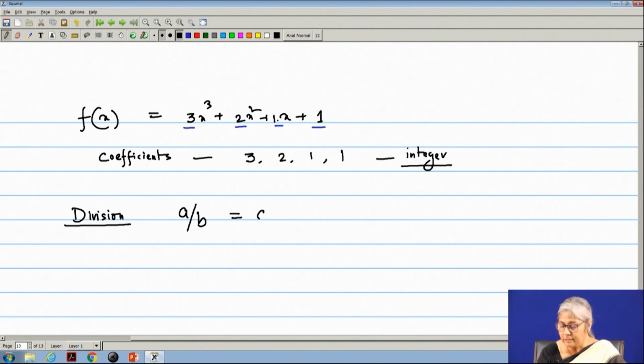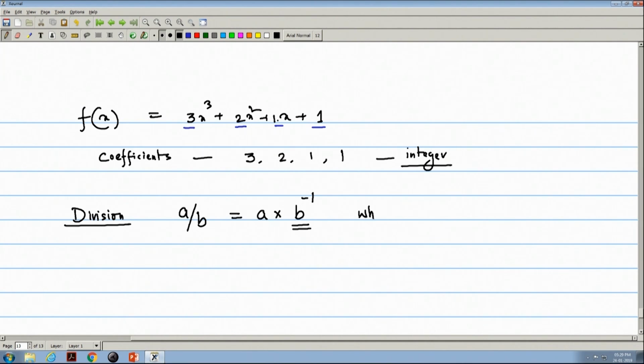So, actually I can write this as a into b inverse, if it is ordinary multiplication and division. Now, the main point, or issue, is whether b inverse exists or not, because just now from the definition of field we have seen, and we have seen some examples, that this multiplicative inverse may not exist. So, the main issue is whether b inverse exists or not.